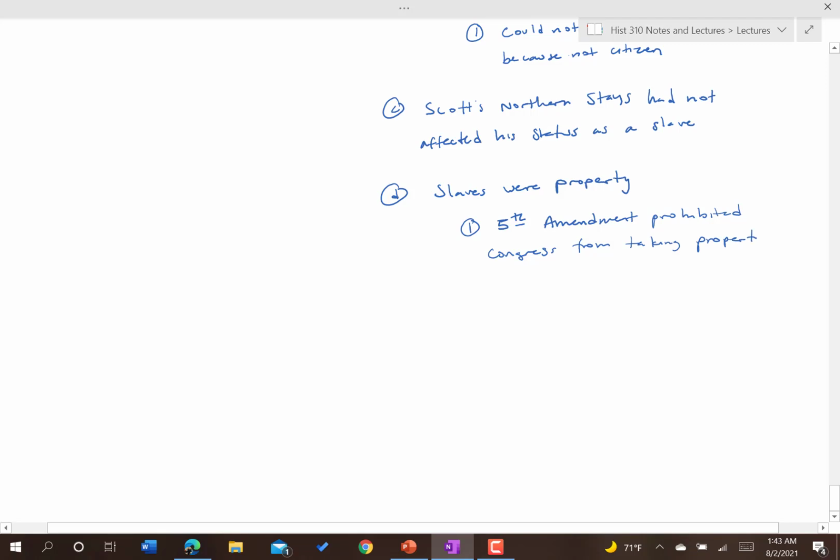So the other thing with this is it's saying that Congress cannot change the law to end slavery. It's also, of course, that they're essentially saying slaves are not considered people.